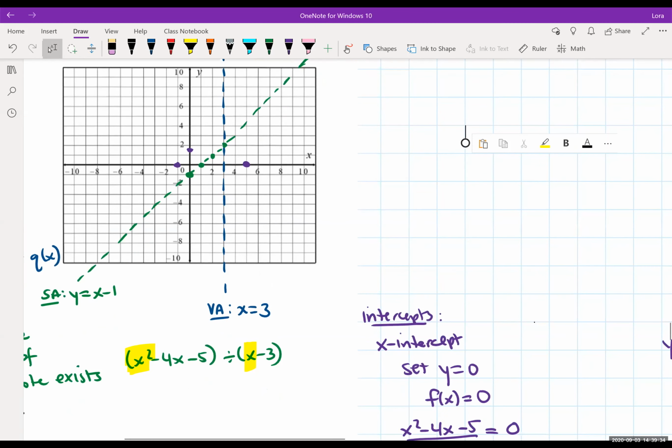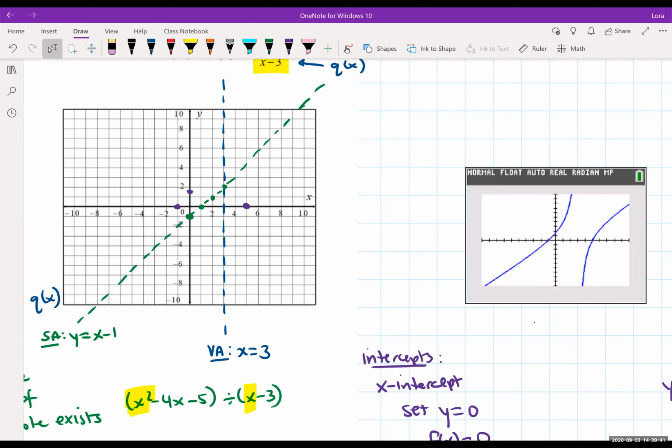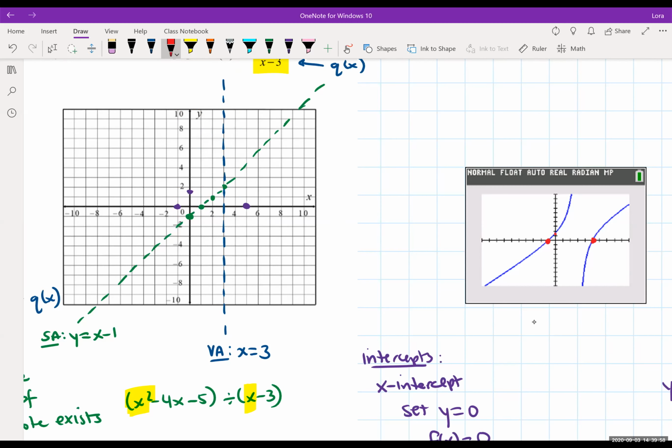I want to do my best to kind of show what this looks like. So we can see right away, those intercepts are pretty darn accurate. Even that y-intercept, even though it's in between the 1 and the 2. But the asymptotes aren't showing. But this is what we would do, we would take our graph and just kind of copy it as best as we can.